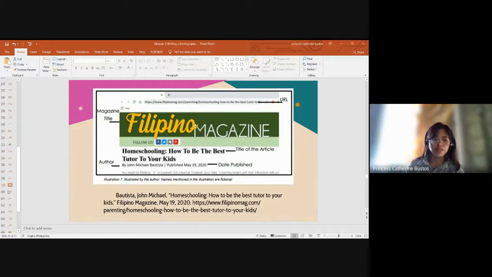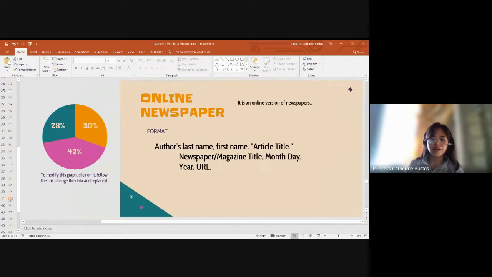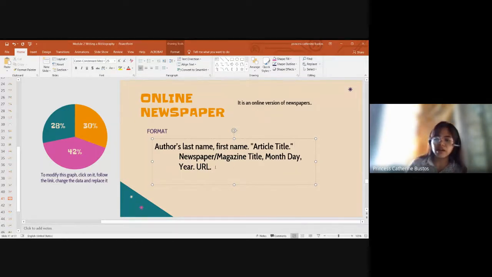Now, let's continue with the last one. We have online newspaper. Okay, there you go. This is an online version of newspaper. Same format as printed. You have the author's last name, first name, article title in quotation marks. Then the newspaper title, then comma, month, day, year, period, and then URL. Remove the period of the URL.